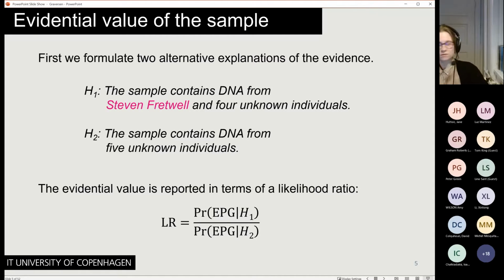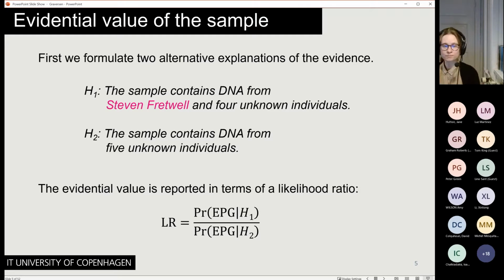We can think of it as a person with a distribution as in the population. Usually the propositions in the witness statement would be a bit more elaborate. It would also be explicit that the unknown individuals, for instance, are unrelated to each other, and also to, in this case, Stephen Fredwell.